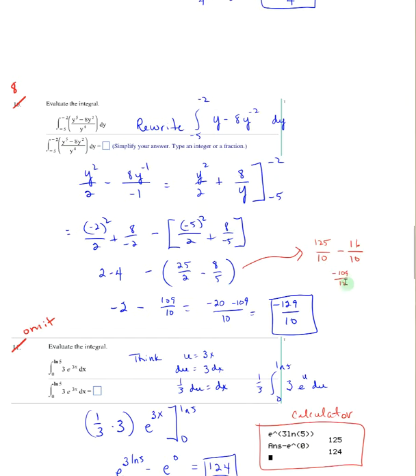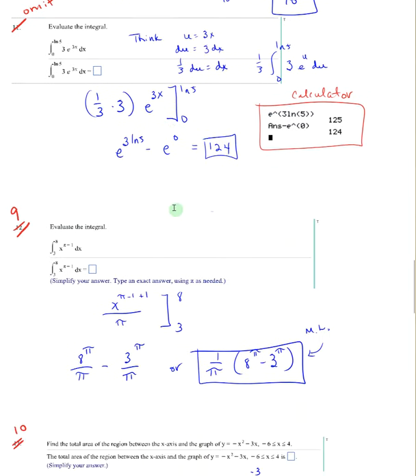And so you would end up with minus 109 over 10. So that's what this piece will become. So we have -2 minus 109 over 10. This becomes -20 over 10. So we have -20 minus 109 over 10. Final answer, -129 over 10.